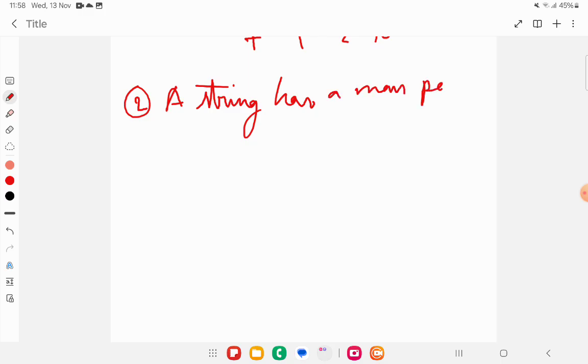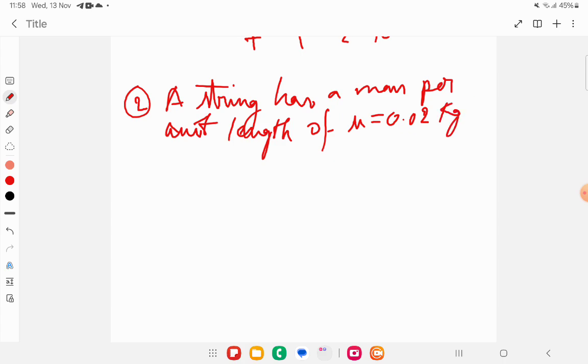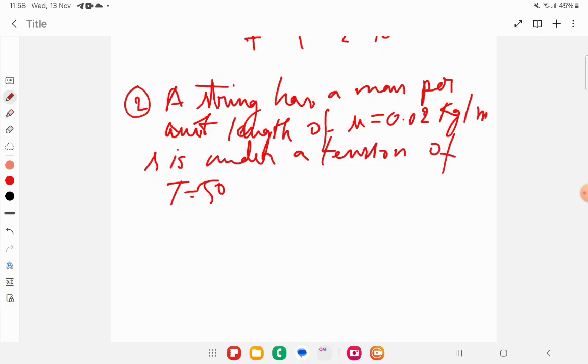The second problem: a string has a mass per unit length of mu is equal to 0.02 kg per meter and is under a tension of T is equal to 50 Newton.